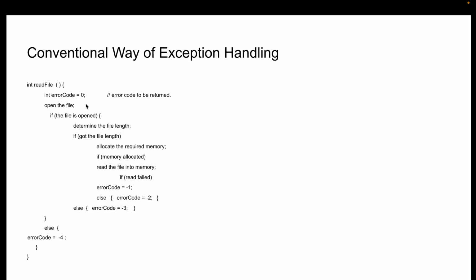It is just some steps for how we can perform the operation. We try to open the file, and when the file is opened, we determine the file length. If we have got the file length, then we allocate the required memory. And if the memory is allocated, we read the file into memory.